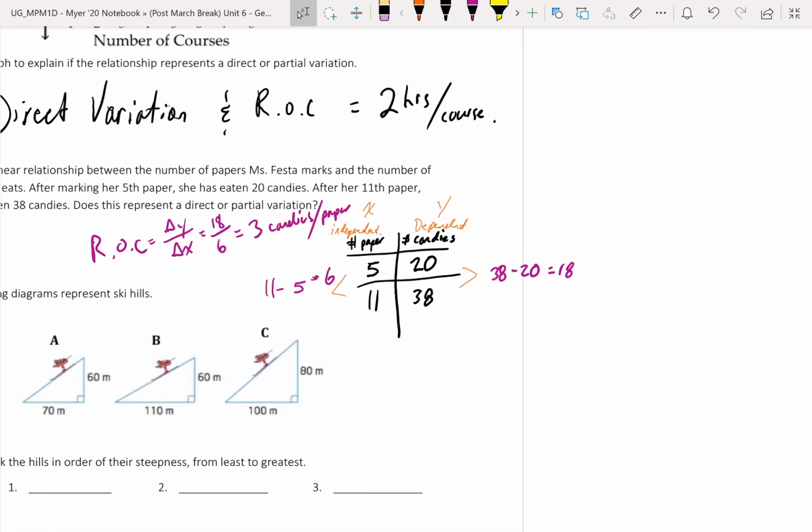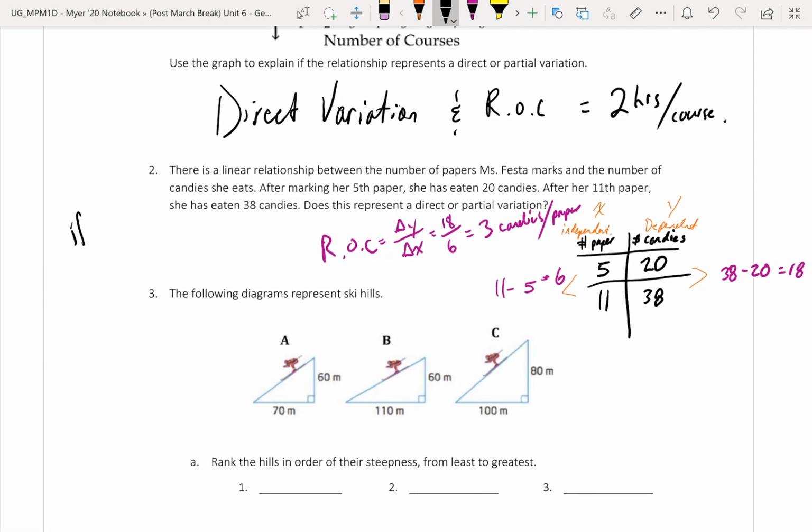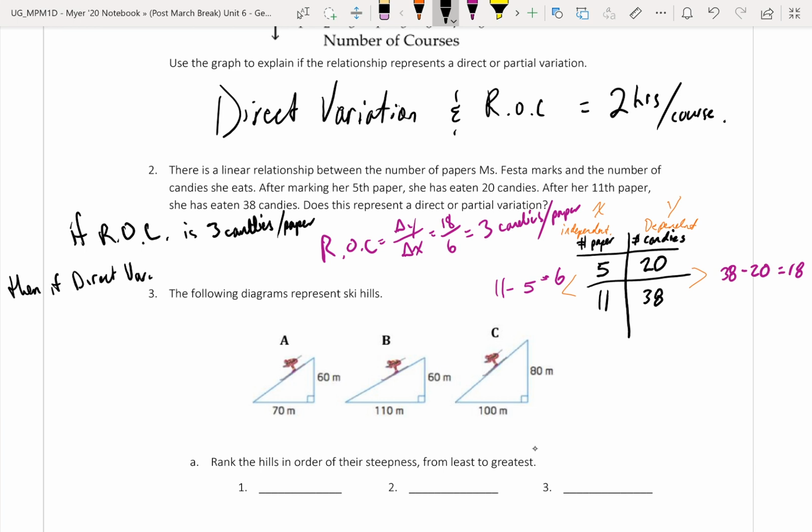So if my rate of change is 3 candies per paper, and it was a direct variation, so she starts at 0, she should have eaten 15 after 5 papers.